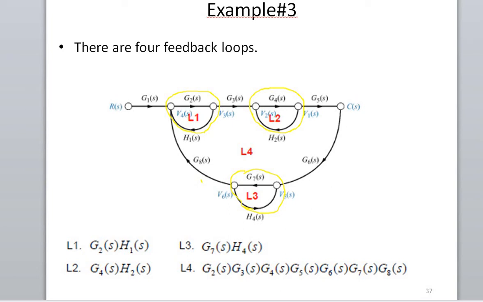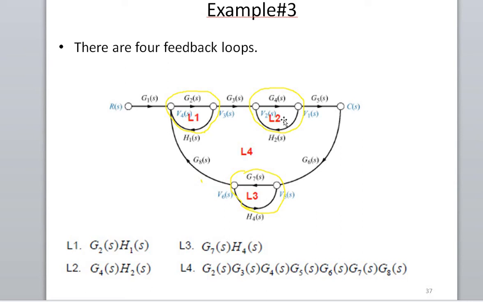So here in this question you can see that loop L1 and loop L2 are non-touching because they do not have any physical contact here. And loops L1 and L3 are also non-touching.